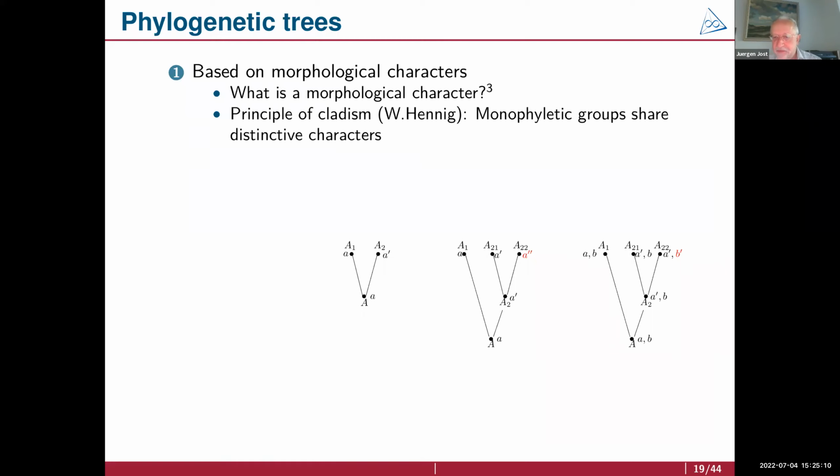So on the right-hand side, A changes to A prime from A to A2, but there's another character whose value B is preserved in A2, but it changes to B prime from A2 to A22. And so you can easily translate that into logical principles. That is a principle of cladism by Willy Hennig in the 1960s, and that allowed for systematic analysis of the data that one had. But of course, there's the question, what is a morphological character? What should you look for? That is not so easy.